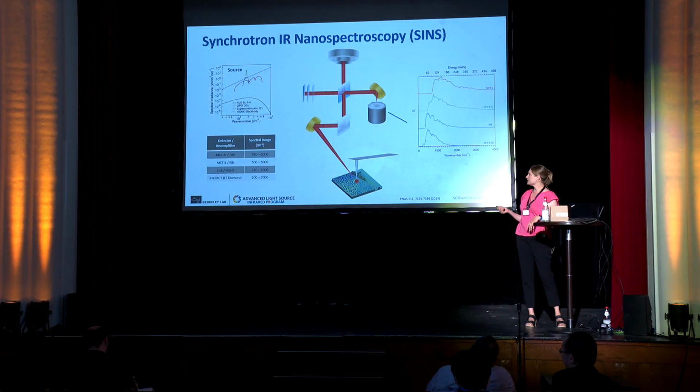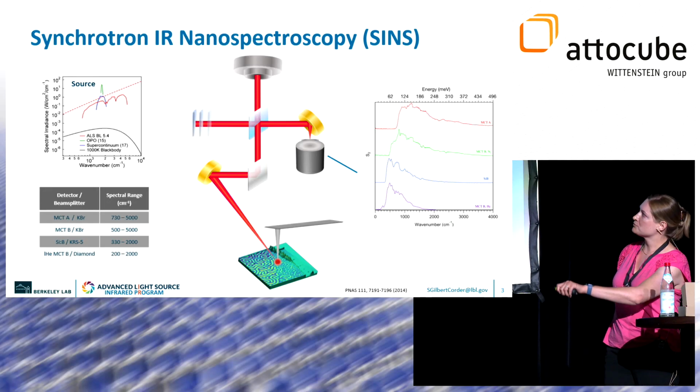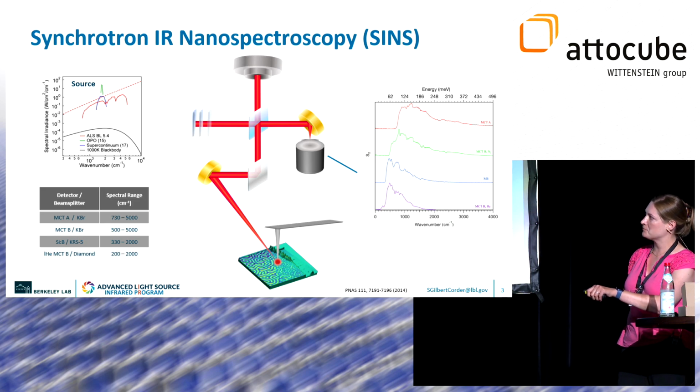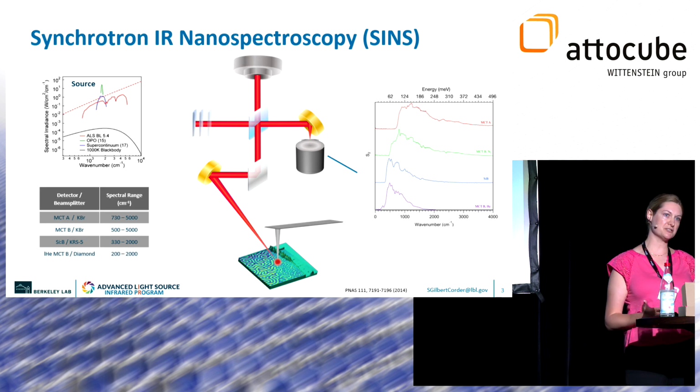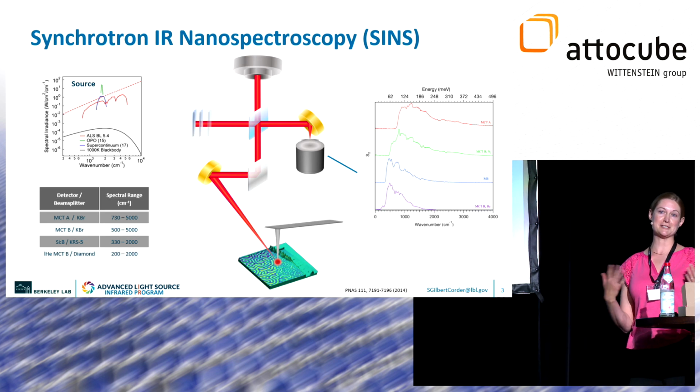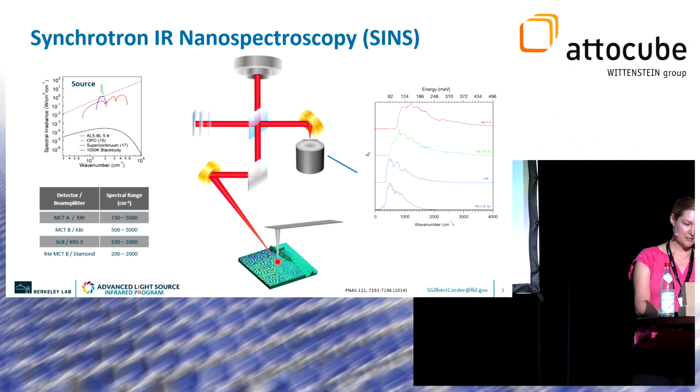So we have a synchrotron light source rather than a laser. As you can see, even compared to some broadband lasers, the synchrotron is incredibly broadband. In this case, we're actually limited by whatever choice of detector and beam splitter combination that we use. So the limiting factor for our spectral bandwidth is our optics and our detector. It's not the light from the source itself.